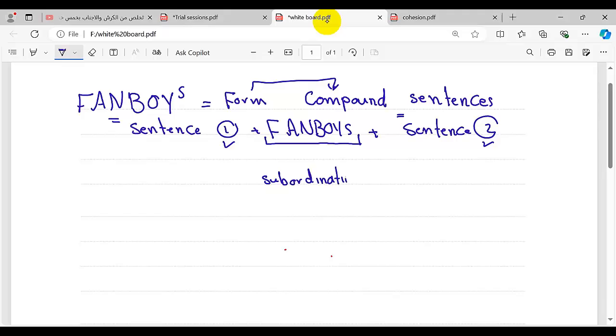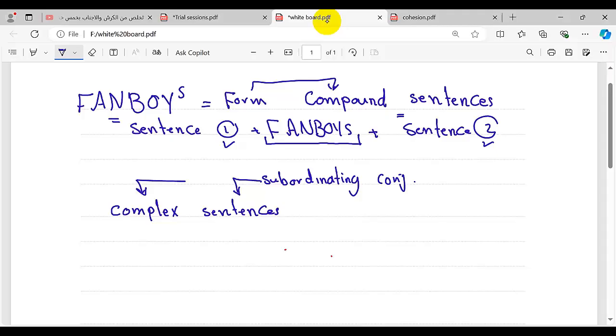Subordinators, subordinating linkers or subordinating conjunctions, means the connectives that are used to form complex sentences. So why do we use the subordinating conjunctions? To form the complex sentences.